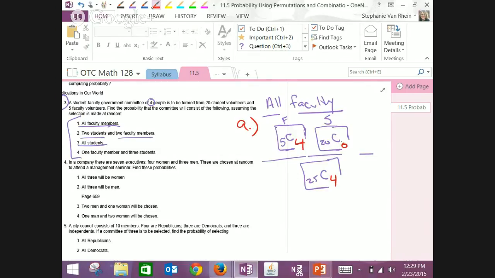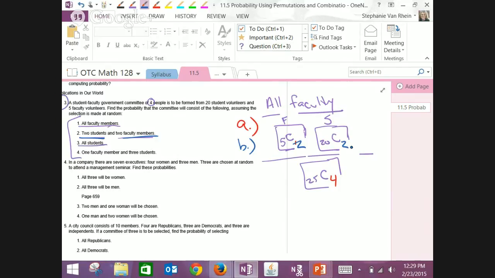For B, let's put it in blue. I want 2 students and 2 faculty members, so I would only change these 2 numbers. This would be 2 and this would be 2. So only the top changes and the bottom does not. The bottom is the total. The total doesn't change for each event.